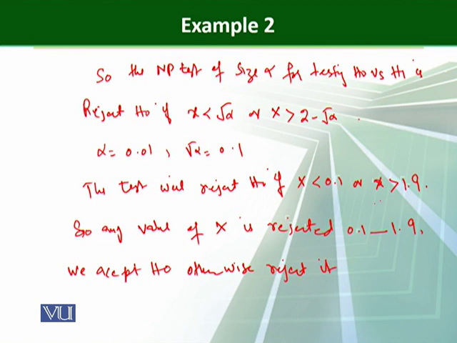So any value which lies between these two limits, we accept the null hypothesis, and any value which falls outside this limit, we reject the null hypothesis.